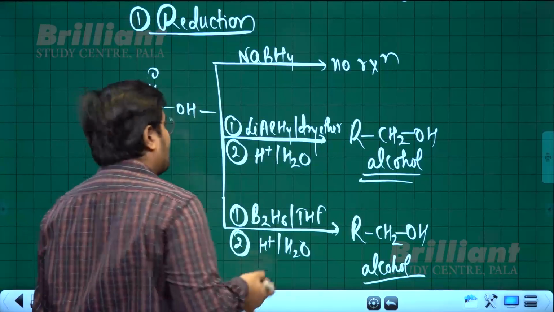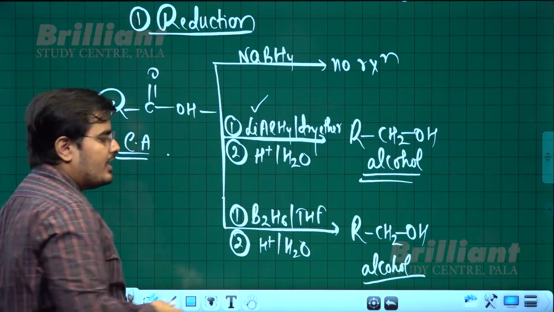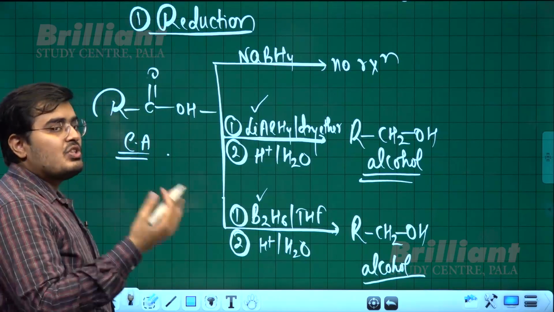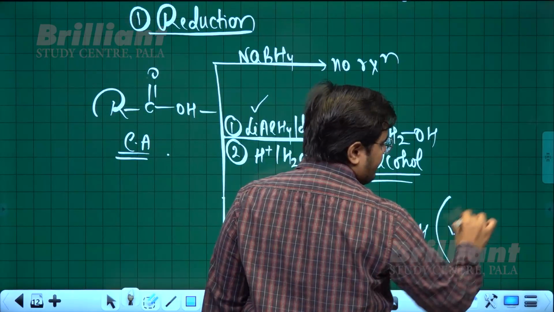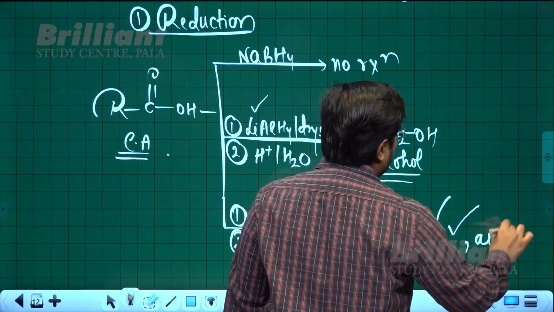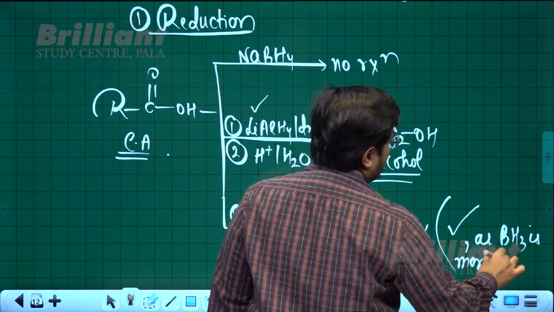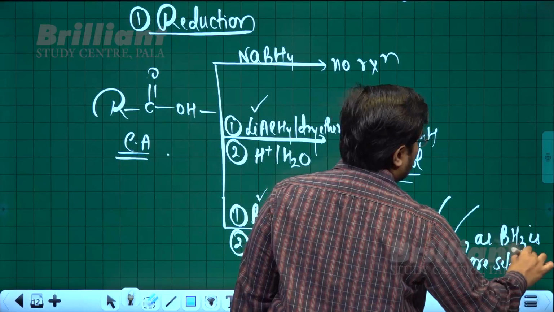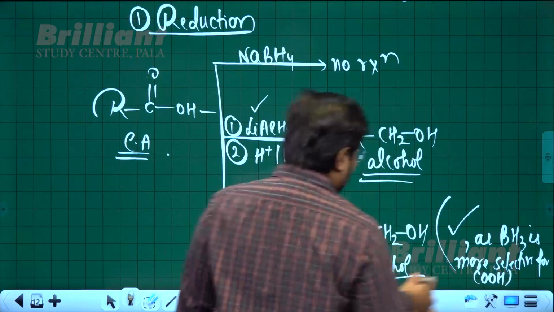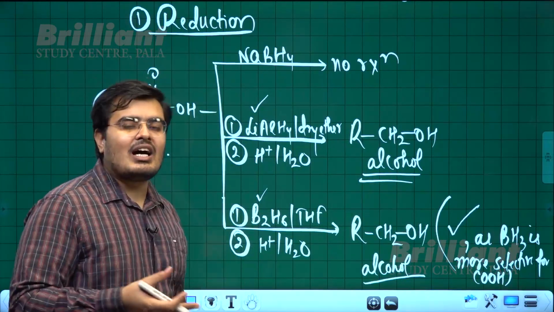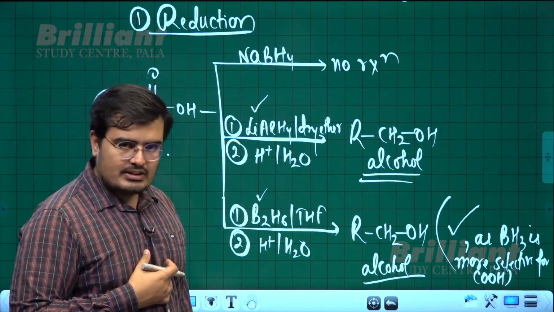And if I say that carboxylic acids can be reduced using lithium aluminium hydride as well as diborane, which one is preferred? Then the method which is preferred is this, as BH3 is more selective for carboxylic acid group and it does not easily reduce other groups like esters, halo, nitro if they are present in the substrate.